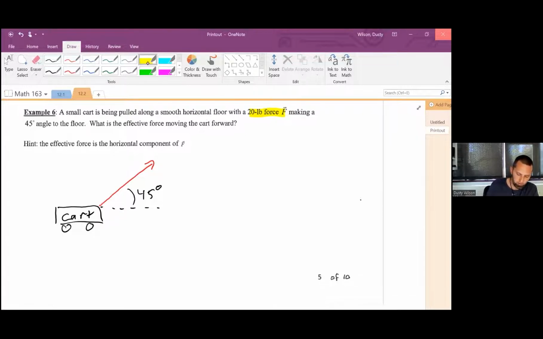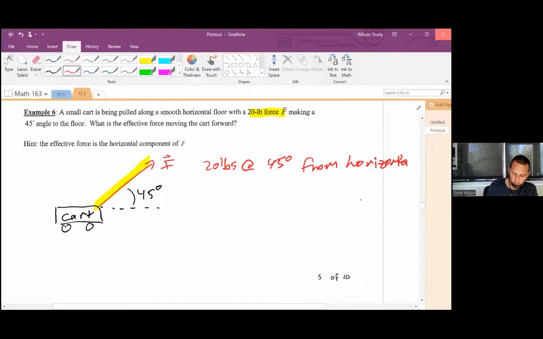So here's our 20-pound force, 20 pounds at a 45-degree angle. And the question is, what is the effective force moving the cart forward?